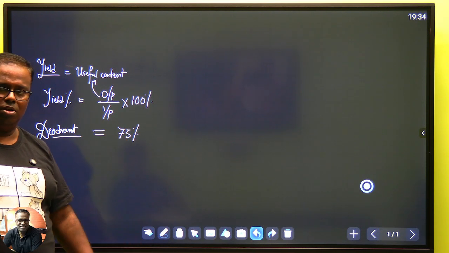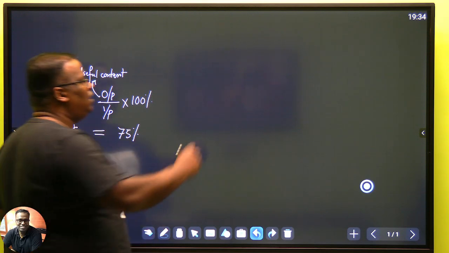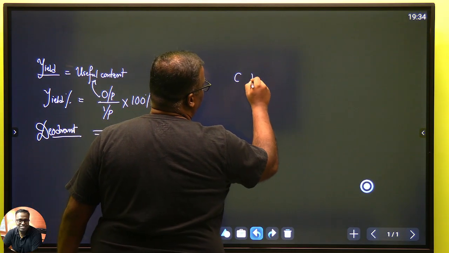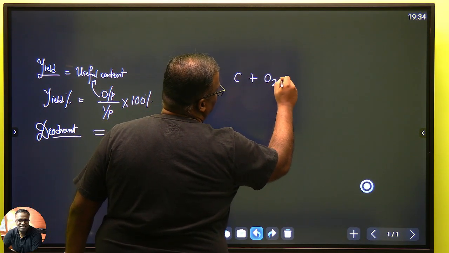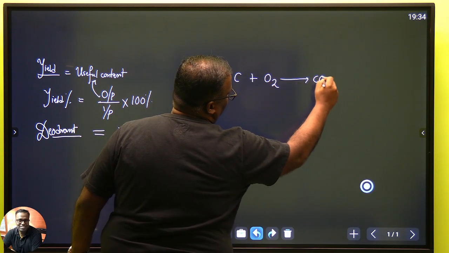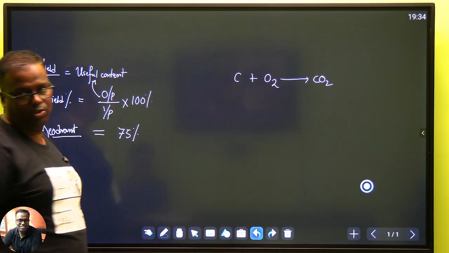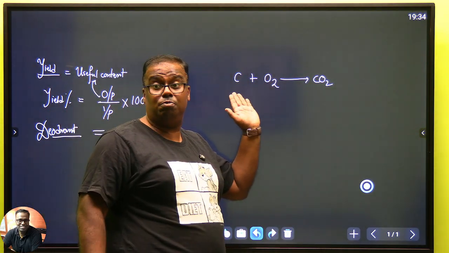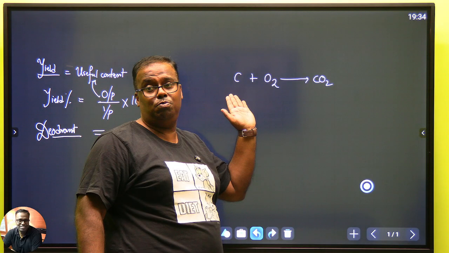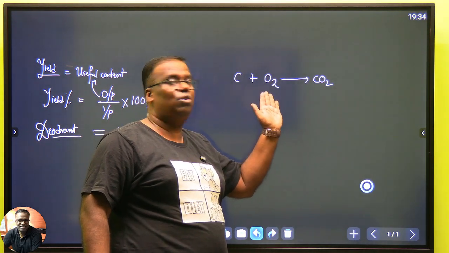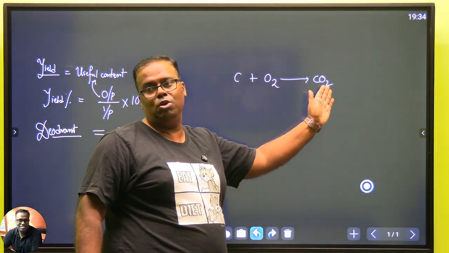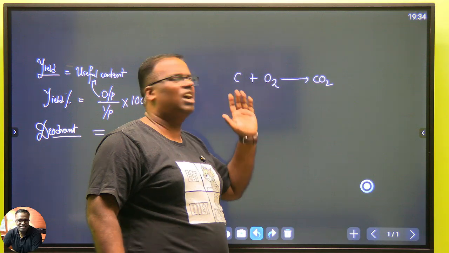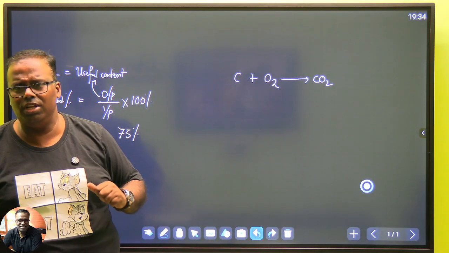Understood? So if I tell you that C plus O2 gives me CO2, now this is a theoretical equation, thinking that all the carbon that I brought was the best and the fresh and the 100% pure carbon, 100% pure oxygen, so I am getting pure product out. लेकिन हमारा कार्बन जो रहेगा वो 100% प्योर थोड़ी रहेगा, नहीं रहता है.